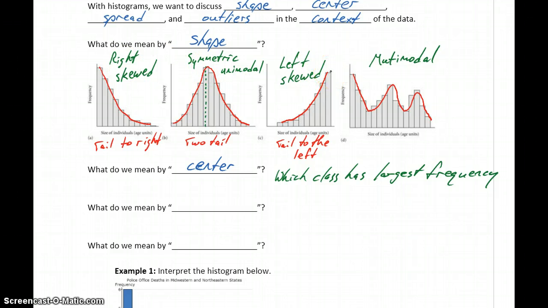So each of those would have that bar identified as the center. So that class would be our center. Our multimodal distribution would have multiple centers since we have these different peaks occurring. So we'd have three different classes that would represent our center.